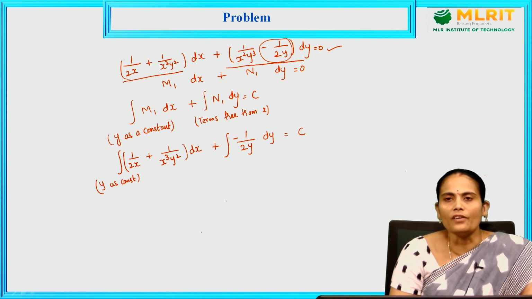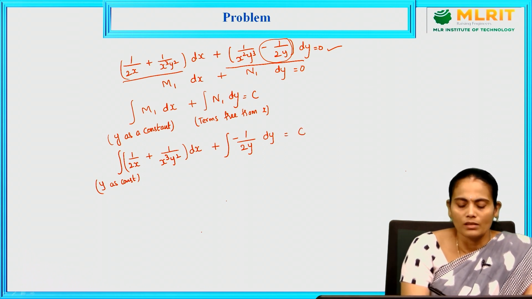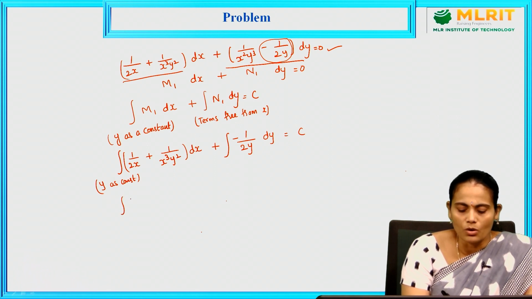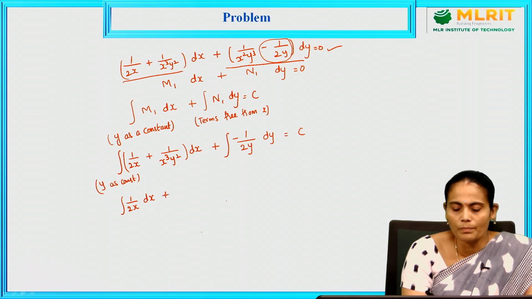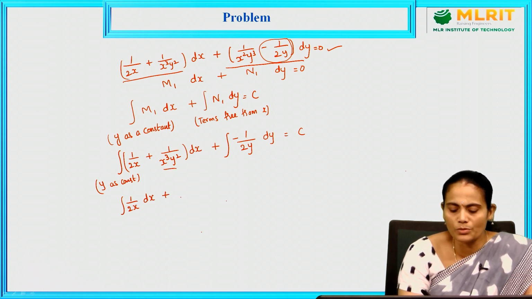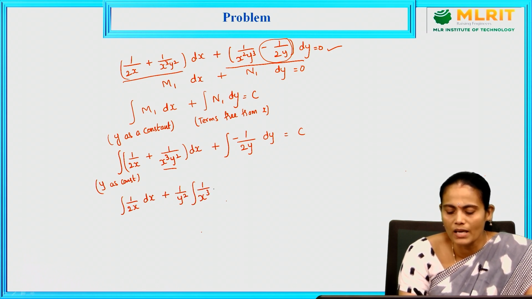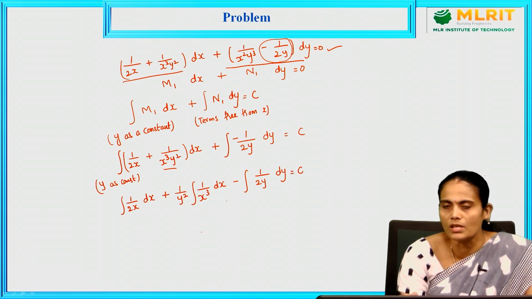And now we have to integrate. Integral 1 by 2x dx plus, in the second term 1 by y square is a constant before the integration, 1 by y square integral 1 by x cube dx minus integral 1 by 2y dy is equal to c.